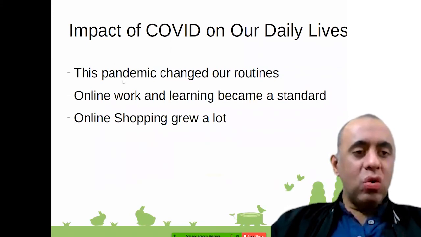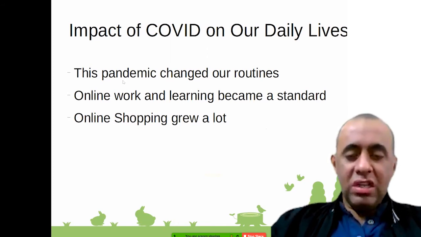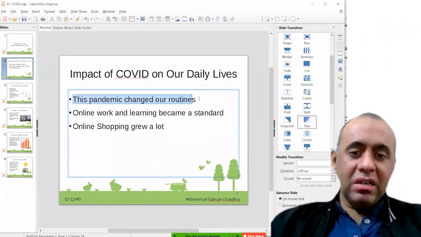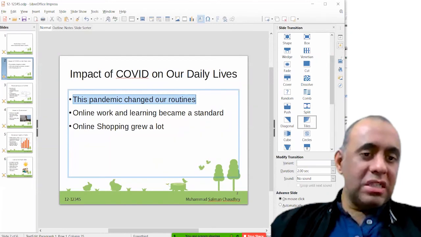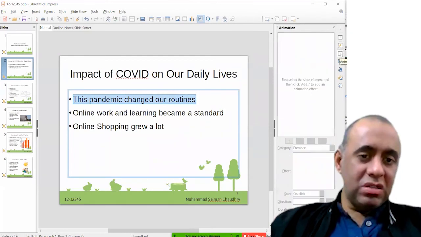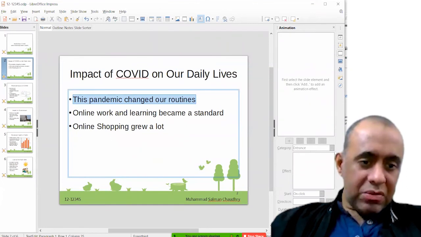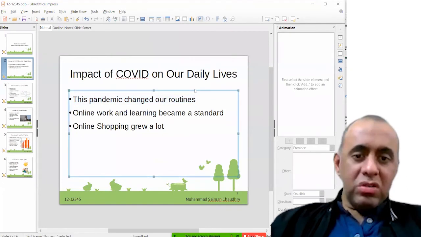But I would like those lines to appear with some kind of animation. So let's try to do that. I'm going to select this first line and go to this animations option.